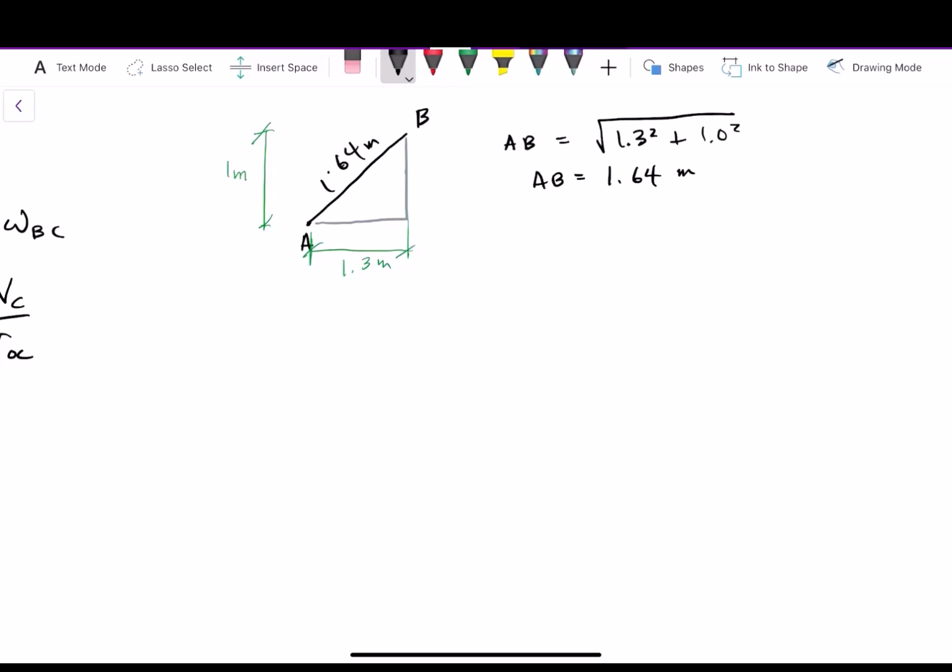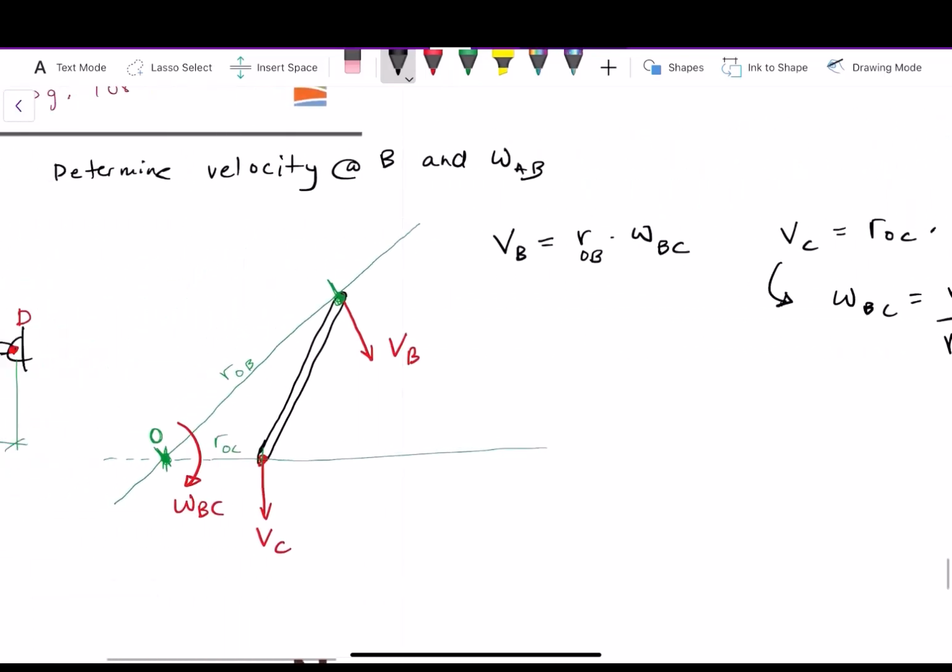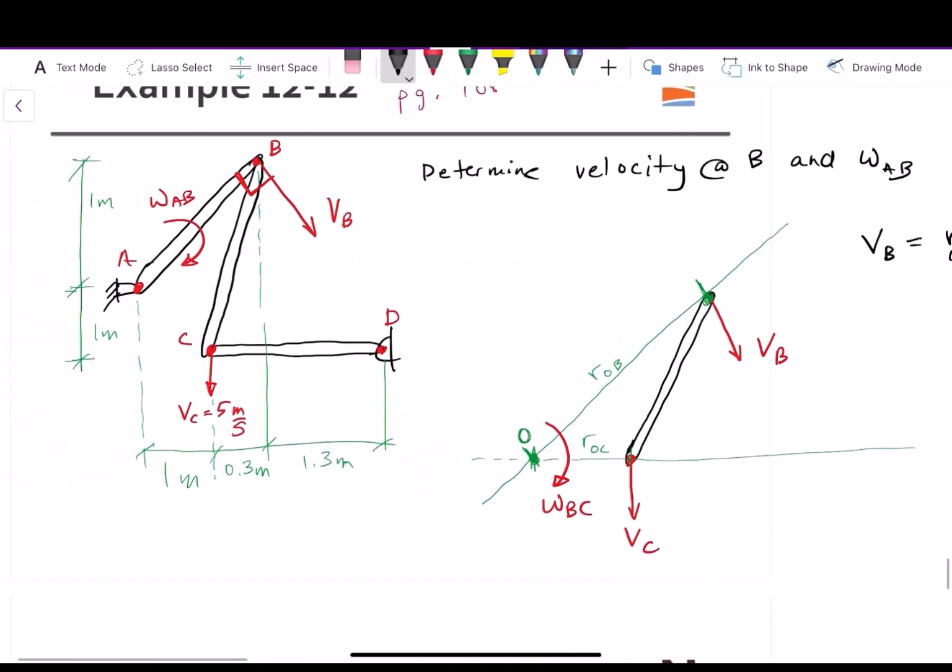Okay, so that is just for the first link. Now, if we look at the second link over here, what has happened with that distance R_OB? That actually follows link AB. Transcribing that over onto our original figure, what we're going to see is that this extends out until it hits the horizontal line.